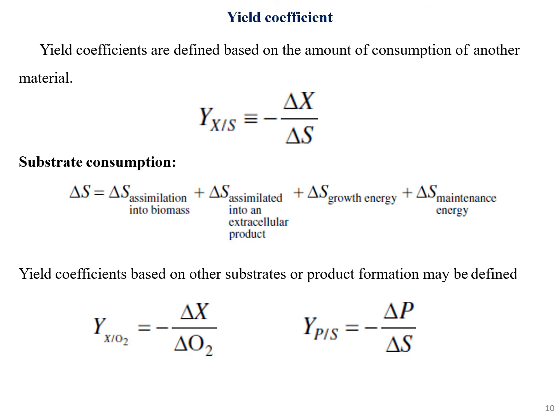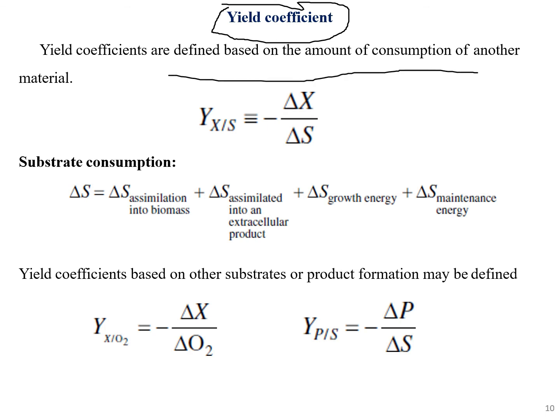The last term we have in this video is the yield coefficient. Talking about yield: how much the bacteria multiplied, how much product was released, and how much the dead cells caused the release of secondary metabolites. Yield coefficients are defined based on the amount of consumption of another material.